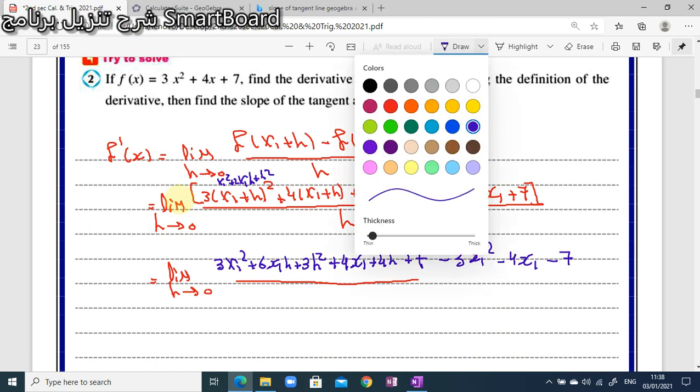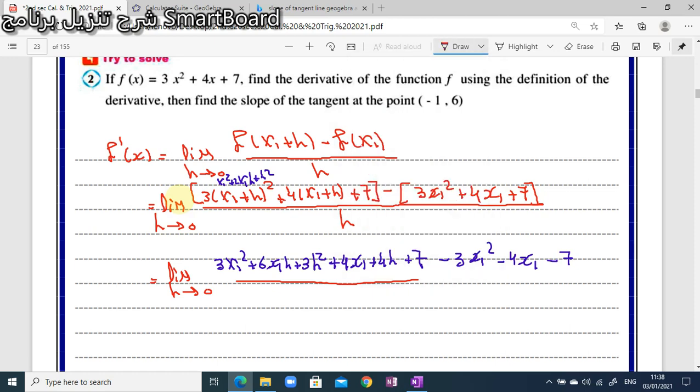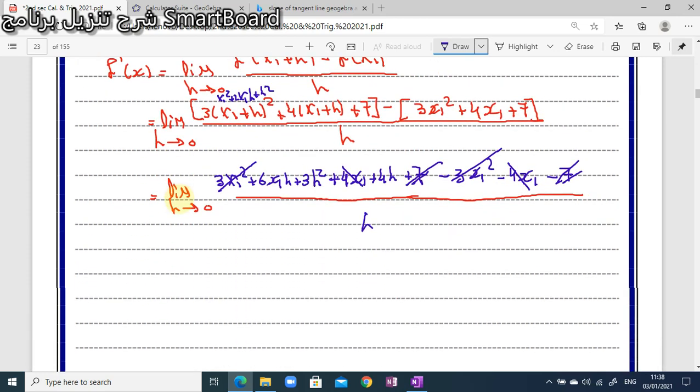All over h. Simplify the numerator: 3x1 power 2 cancels with 3x1 power 2, 7 cancels with 7, and 4x1 cancels with negative 4x1. So the remainder in the numerator is 6x1h plus 3h power 2 plus 4h.